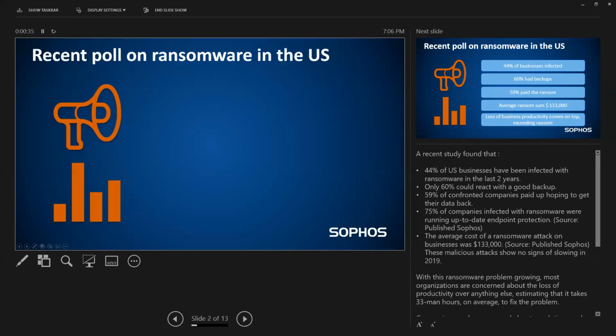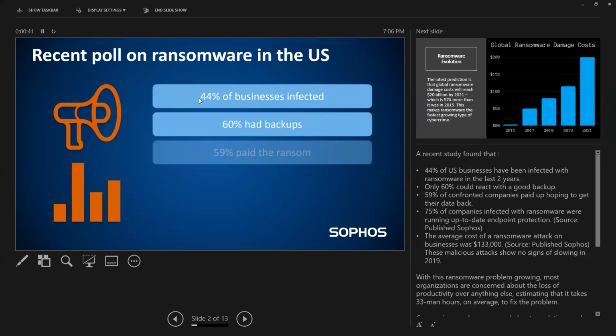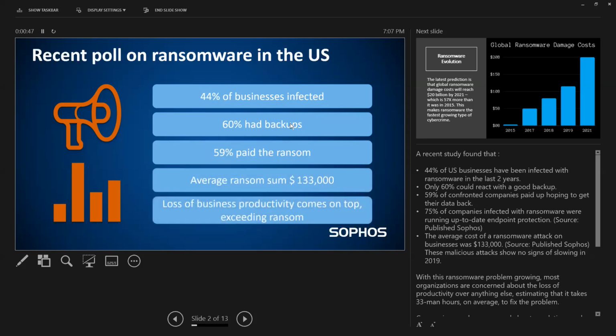I'm not sure if you guys see my screen, but the current research is saying that 44% of businesses were infected, 60% of the companies had a good backup, 59% paid the ransom, and the average sum is 13,300 annually, and this was reported by Sophos.